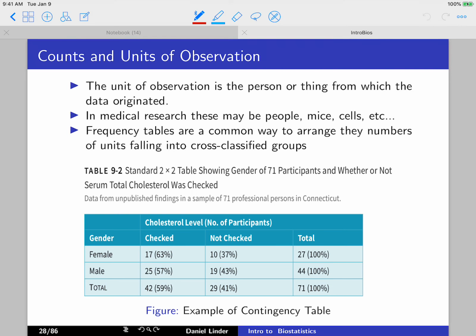So in this 2x2 contingency table, what we have is one variable, gender, and the two different levels, male and female, and we have another variable which is whether or not their cholesterol was checked.